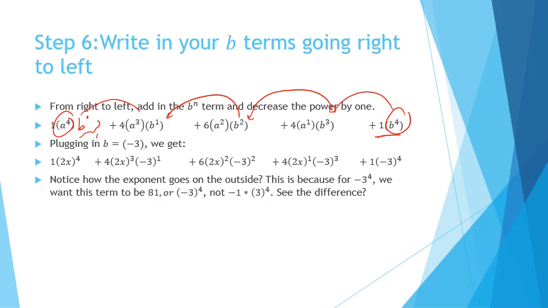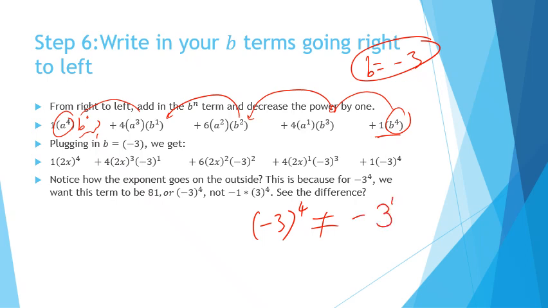Plug in b equals, in this case, right, you identified b as -3, so plug that in. And then remember, this is -3 to the power of 4 in parentheses. This is not the same as -3 to the 4th.